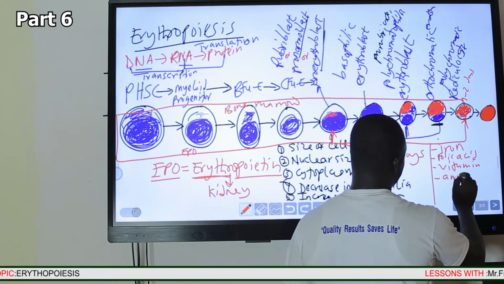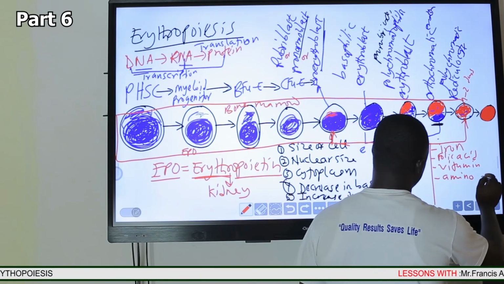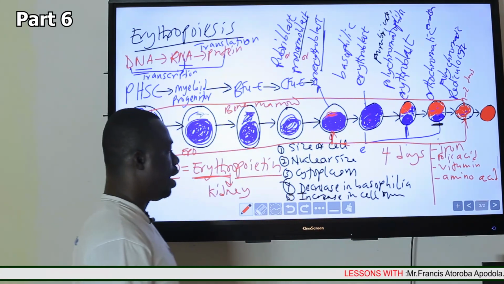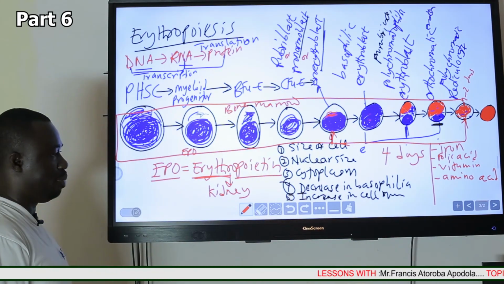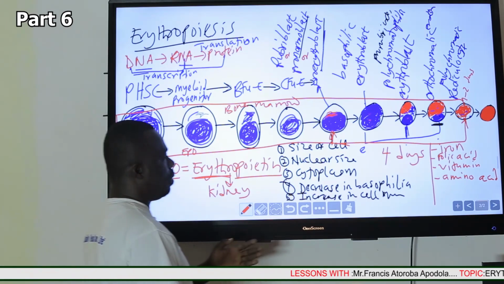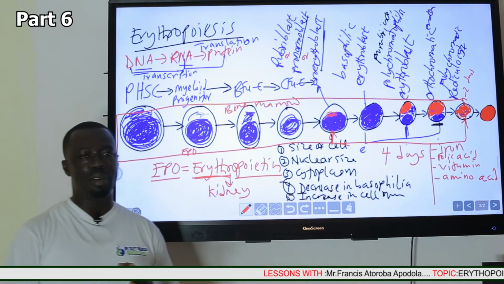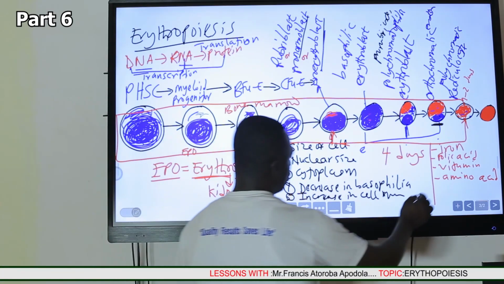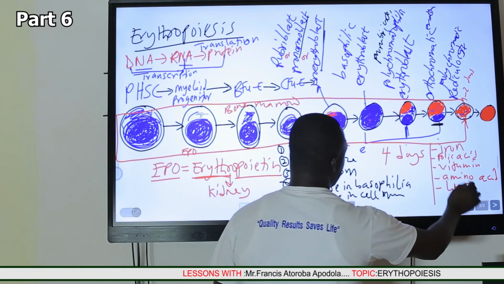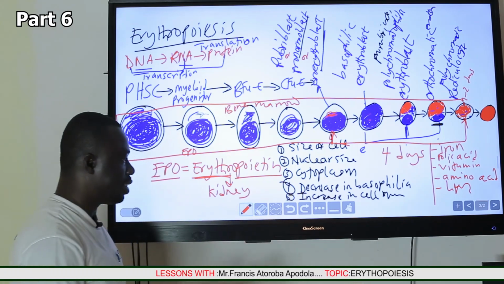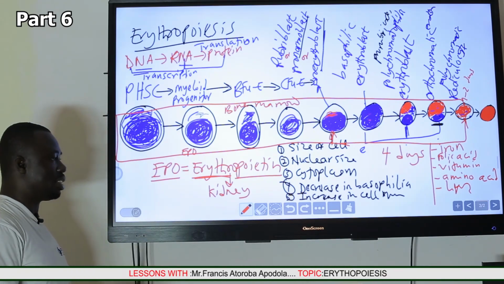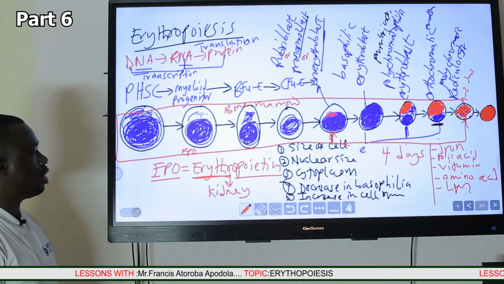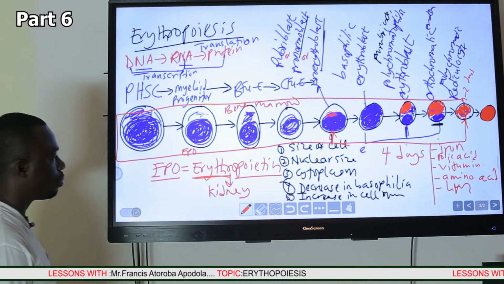We need amino acids, because globin is a protein. We need lipids, because we are producing red blood cells, and recall that the phospholipid bilayer means there is a lipid in the membrane. So we have iron, folic acid, vitamin B12, amino acids, and lipids needed for this process to occur successfully.